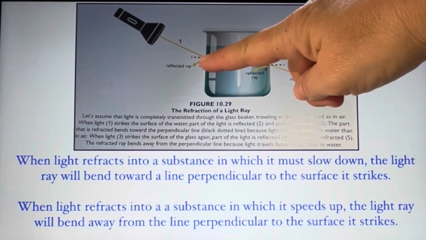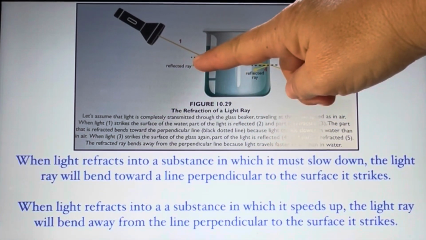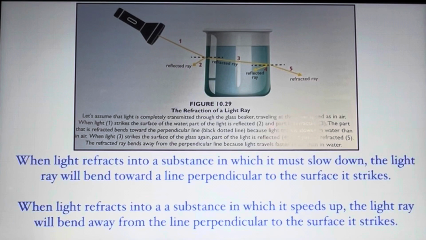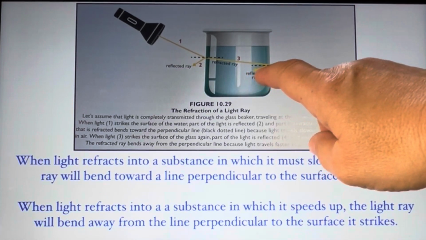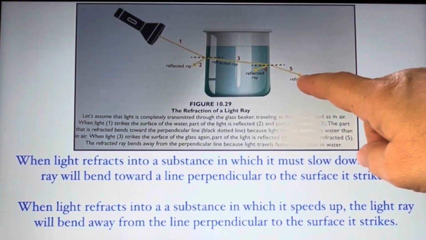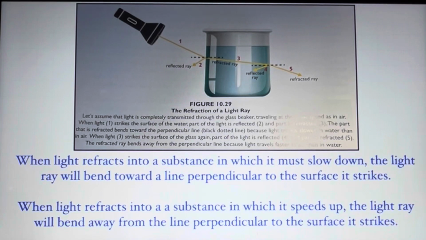This part of the line bends toward the perpendicular line because light travels slower in water than in air. When light strikes the surface of the glass again, part of the light is reflected. So we have part of the light reflected and part of the light is refracted. The refracted ray bends away from the perpendicular line because light travels faster in air than in water.